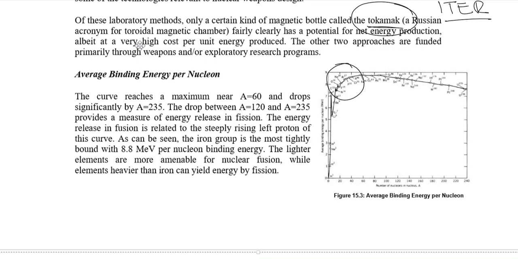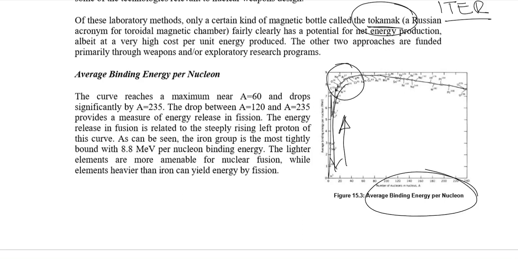The atoms which have an atomic number less than iron will try to fuse together to form more stable nuclei, going towards a higher average binding energy, while an atom which has an atomic number greater than iron will try to release its nucleus or its neutron to go towards more stability and form the iron atom.